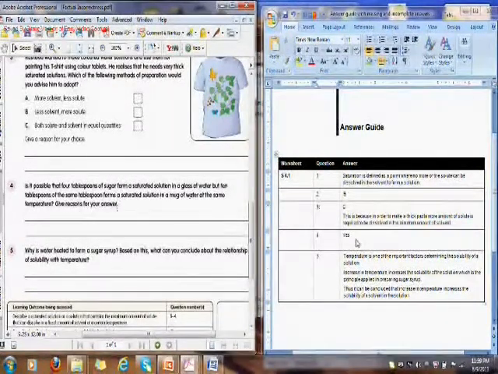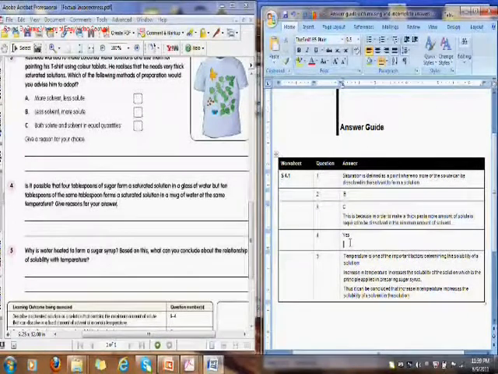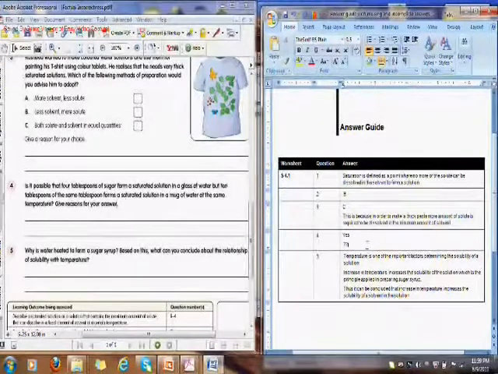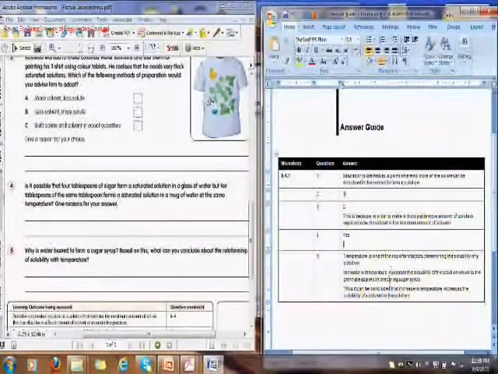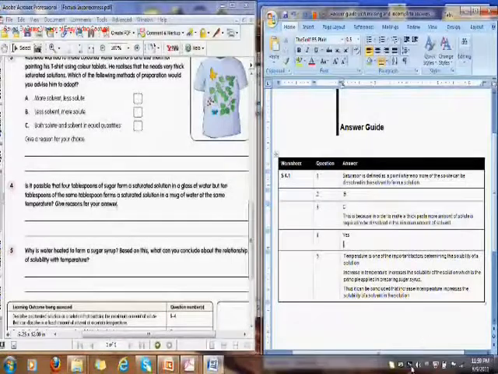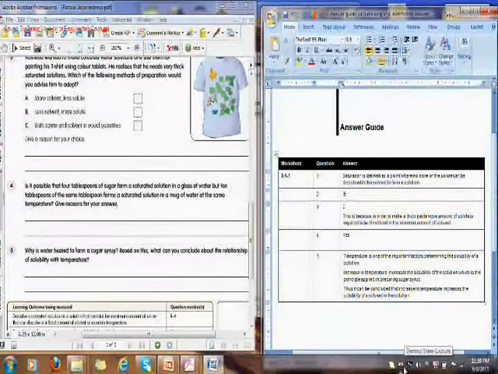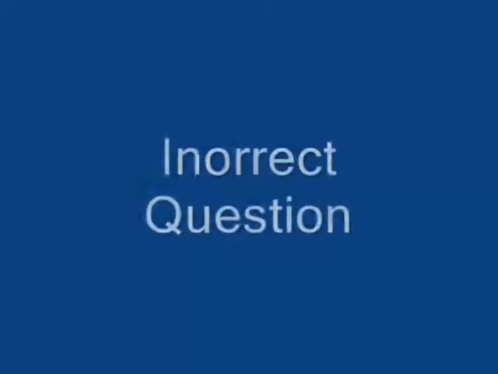Give reasons for your answer. If you look at the answer guide, the answer is incomplete. It just says yes, but the explanation here is missing. So in this case, you'll have to actually change that and provide an explanation. So incorrect question in the worksheet.